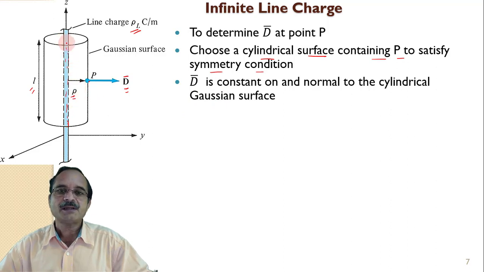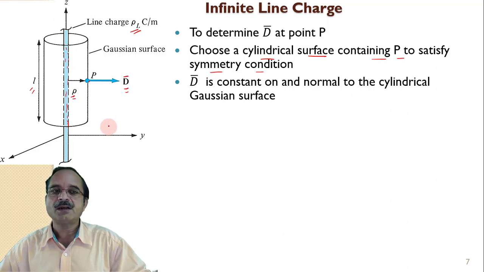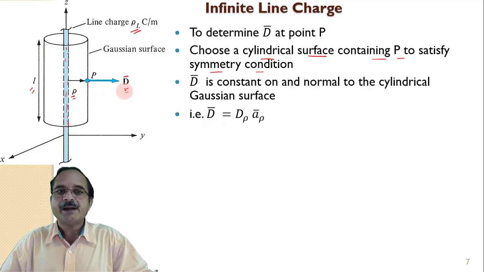There are three surfaces on this cylinder: top surface, bottom surface, and side surface. On the side surface, D will be normal, and on the top and bottom, D will be tangential. The tangential component will be 0. So we only have to evaluate D over the sides. This D is oriented in the rho direction, that means a rho, and the magnitude is d rho.